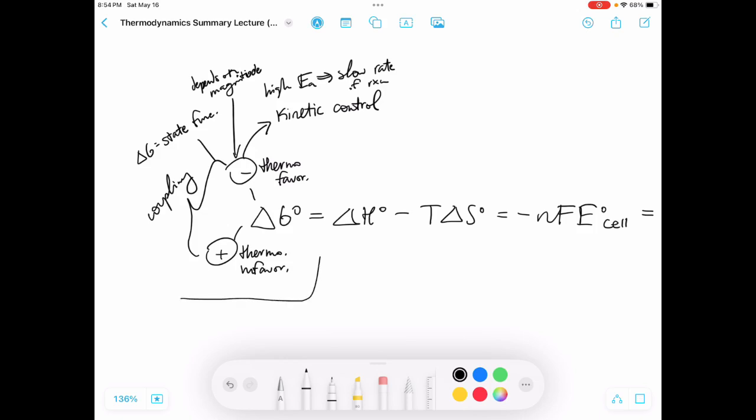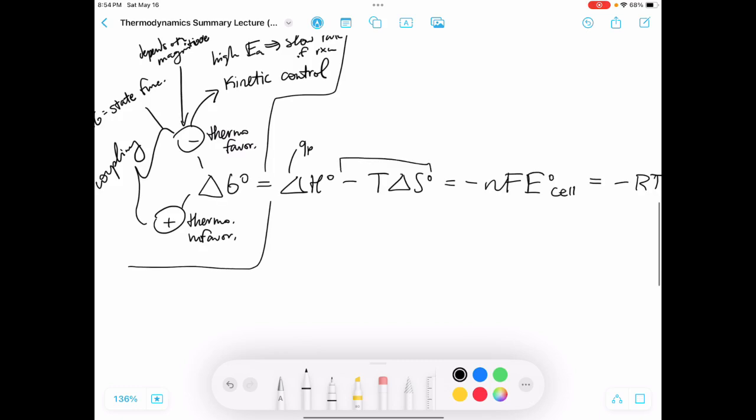So there's your quick summary of delta G naught. Let's move on to delta H naught. This is going to be mostly a summary of thermochemistry, so if you feel pretty good on that, you can go to this part right here, delta S naught.